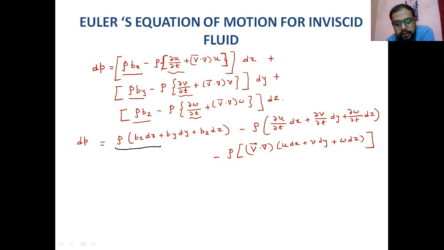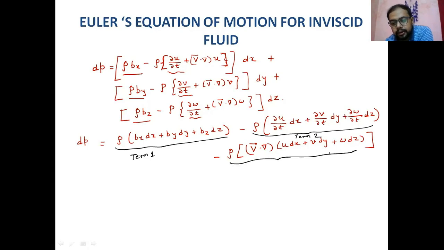This is term 1, the second part is term 2, and the third part is term 3. So what is term 1?